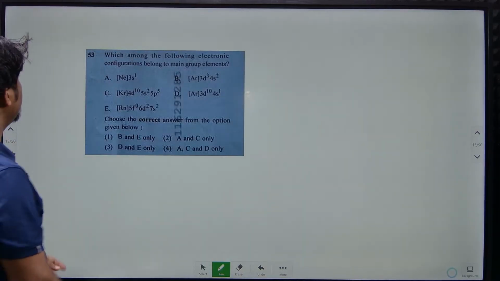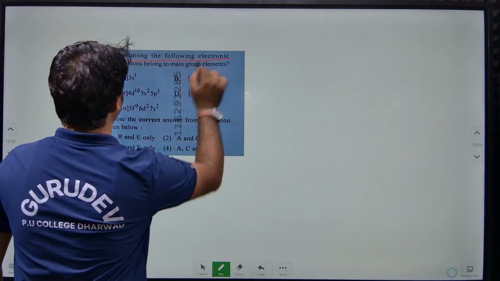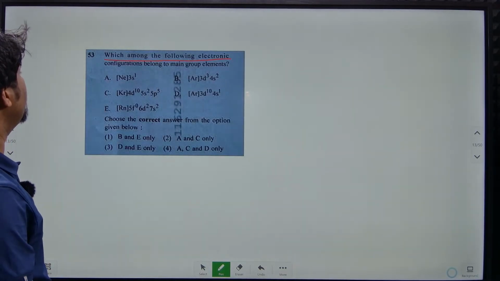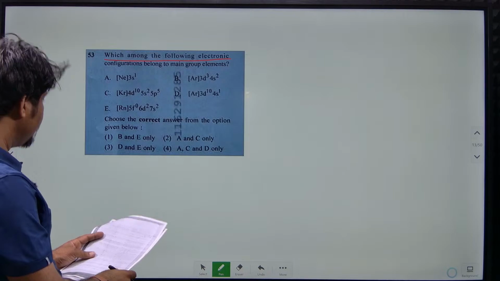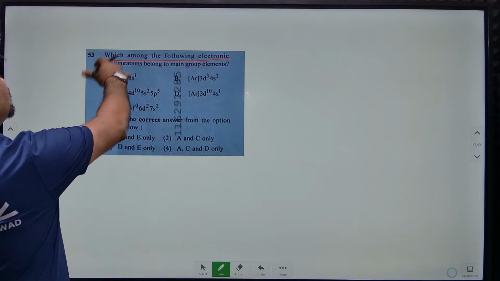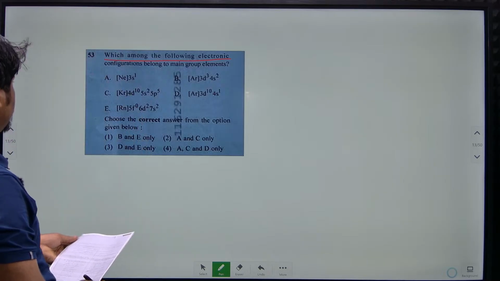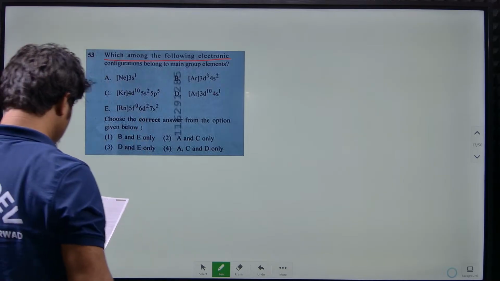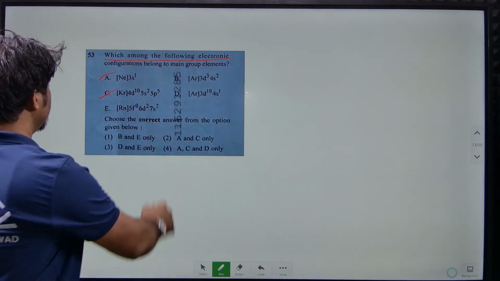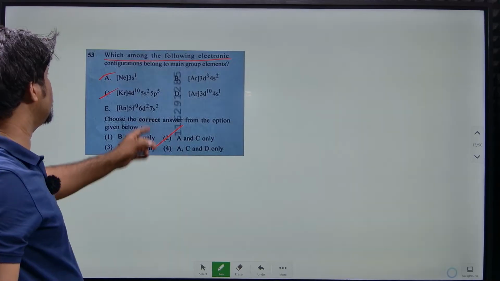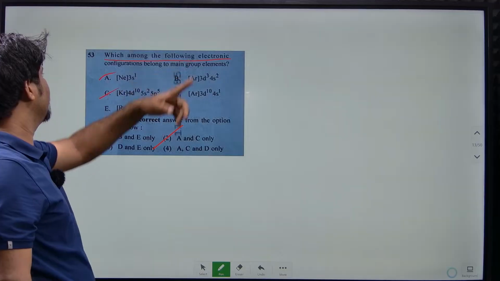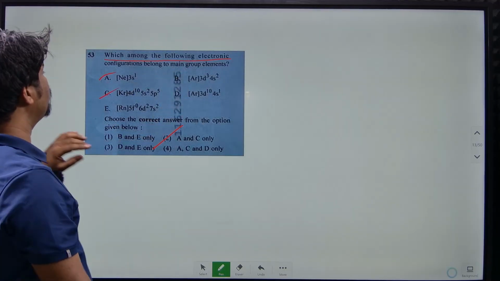Well, go to the next problem then. Question number 53. Which among the following electronic configurations belongs to the main group? Actually, in this one, if you go for sequential checking of the electronic configurations, I can say that A and C, that is option 2, is the right answer, because the electronic configurations A and C belong to the main group of the elements.